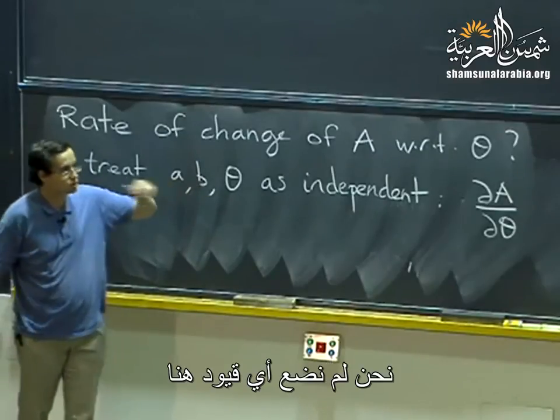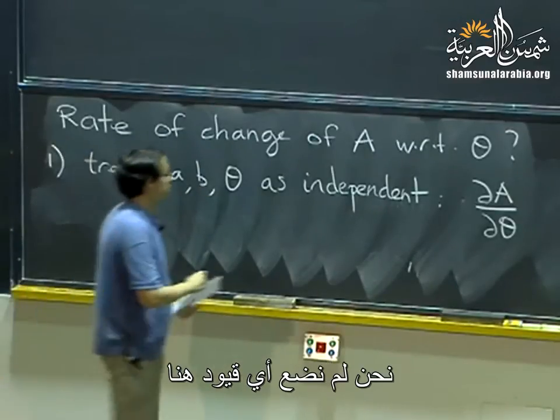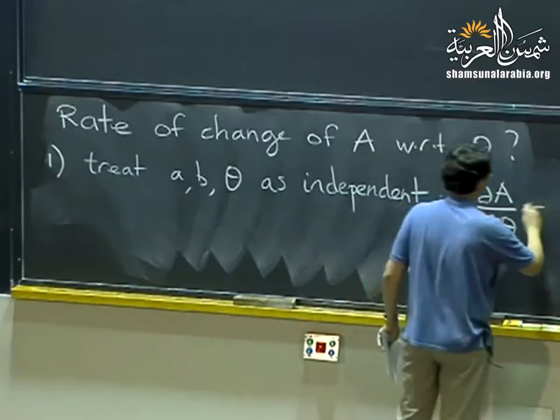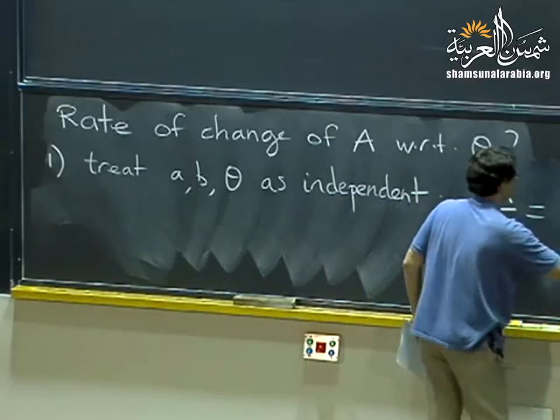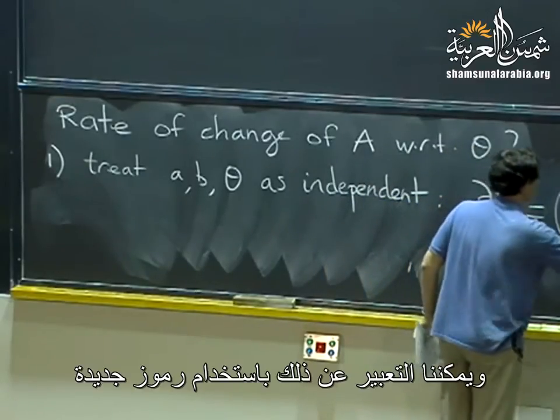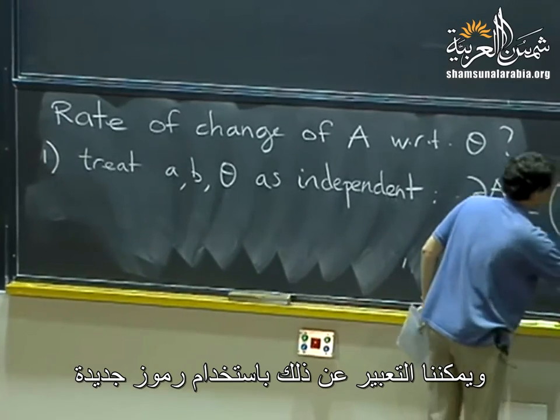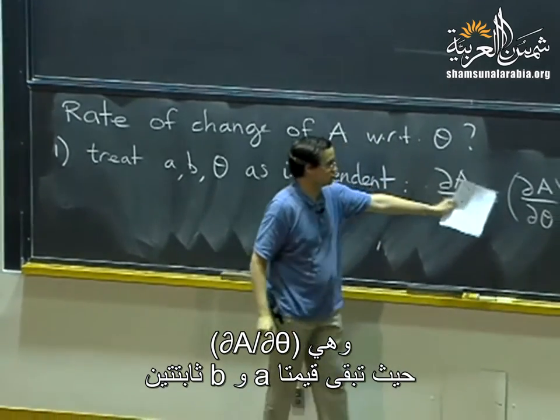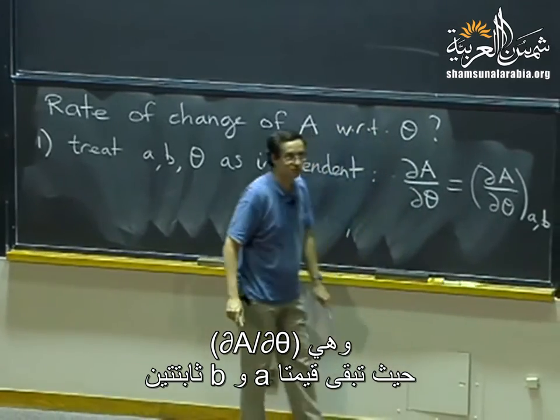We are not putting any constraint. So, to use some new notation, that would be the rate of change of A with respect to theta, keeping A and B fixed at the same time.